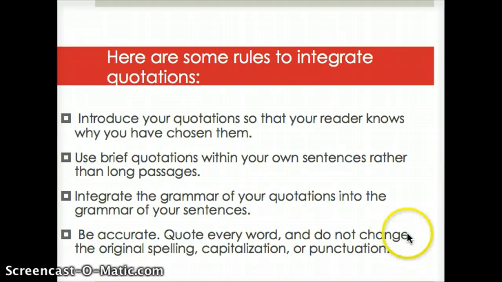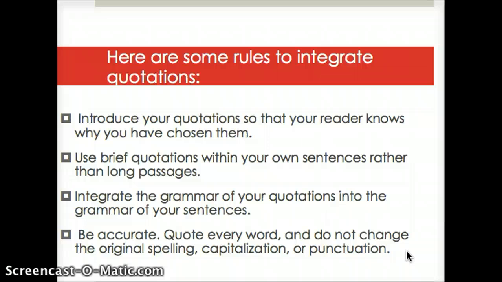Then make sure you are copying them word for word and giving credit, of course, to the author of the original quotation. One of the things I have to stress is not to plagiarize, right? You're not just reading something off the internet, cutting and pasting it and putting it into your essay. That is plagiarism, and you can get in a lot of trouble if you do that.